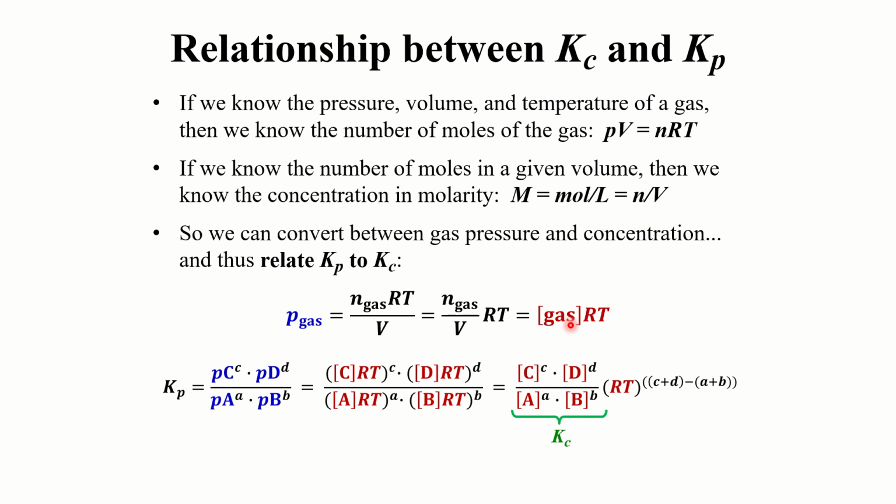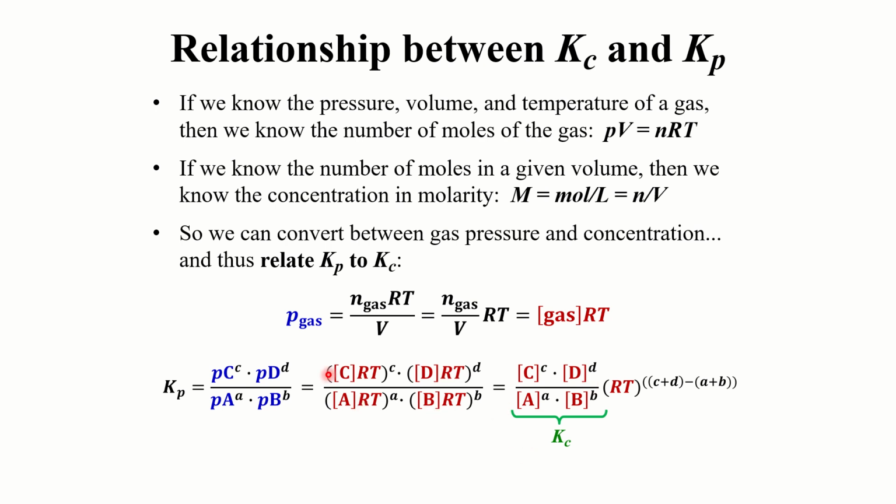So this red term is going in for this blue term in these spots right here. So you can see this goes in each of these 4 spots. So pressure C turns into the concentration of C times RT to the C power. And you do the same for D, A, and B.